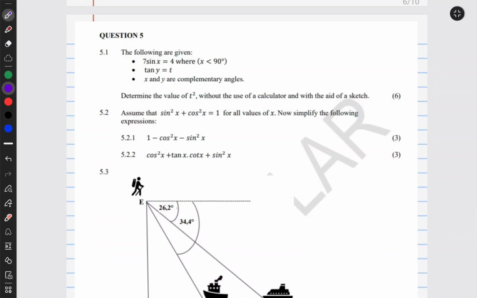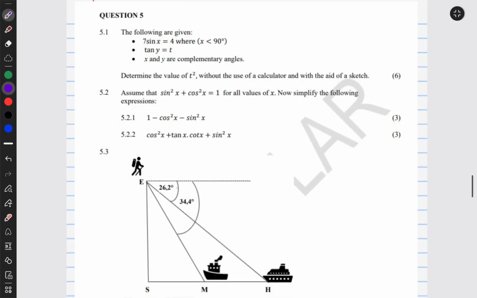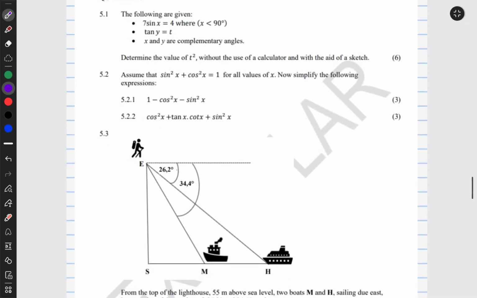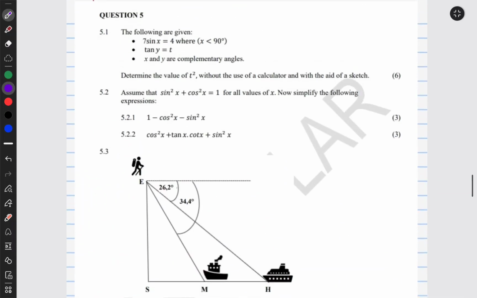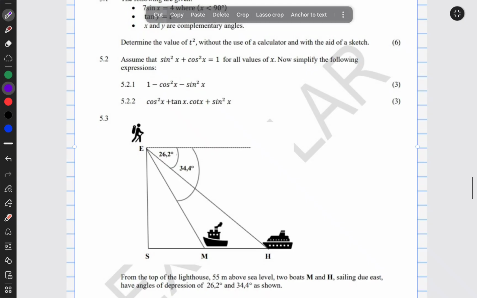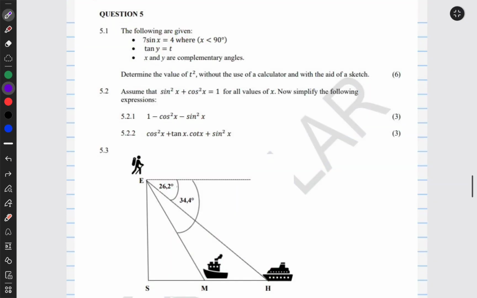Question 5. So question 5, 5.1. The following are given. Let's see something. I think let's do it like this. Copy. Did I just cut instead of copy?